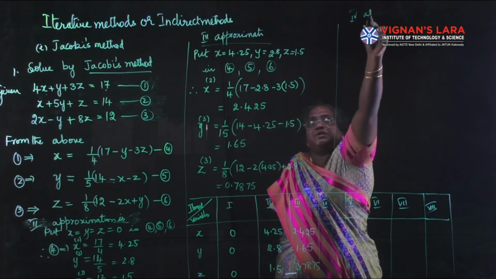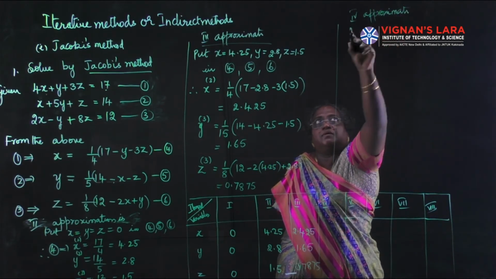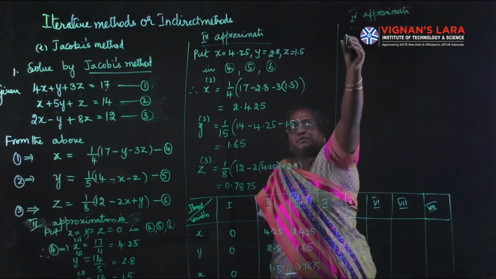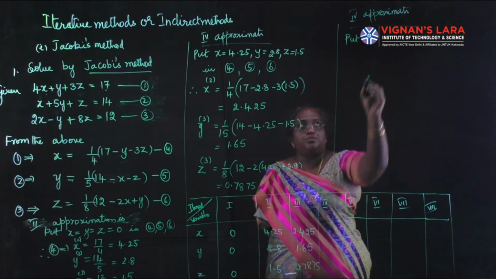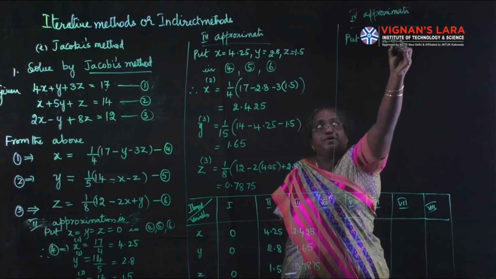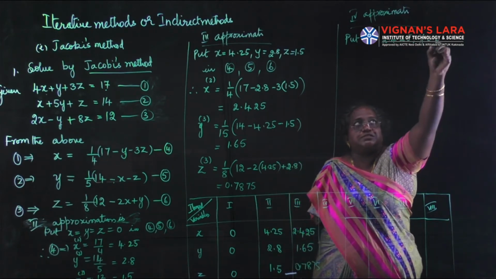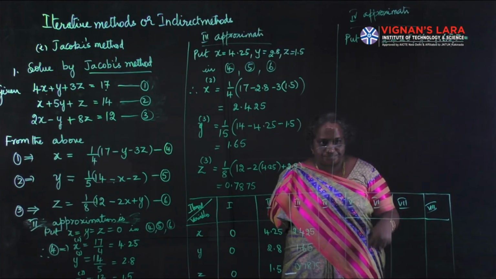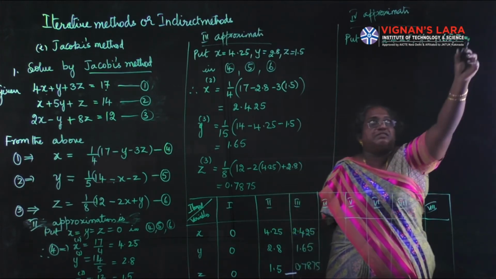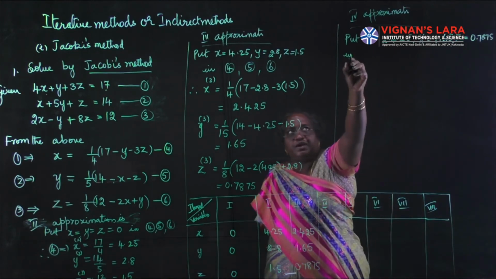Next, for the fourth approximation, put x is equal to, what is the value we got here? 2.425. y is equal to 1.65 and z is equal to 0.7875. Where do we have to substitute?